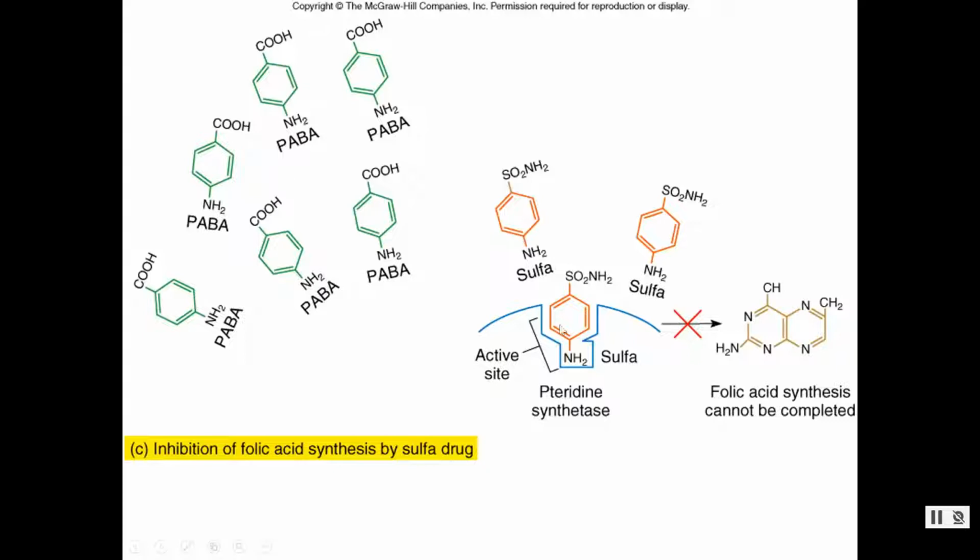This sulfa drug can bind to the active site of this enzyme and serve as a competitive inhibitor. I think we talked about this, where the drug, the molecule can come into that active site and just stay in that active site.